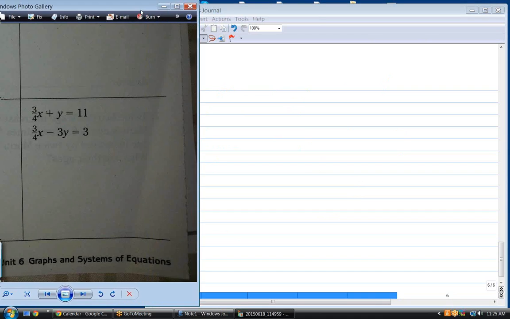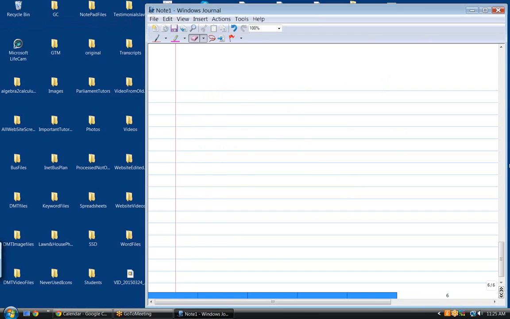Let's talk about factoring. I only got 5 minutes, but there's 3 main kinds of factoring. The kind that's the easiest is greatest common factor. Okay?